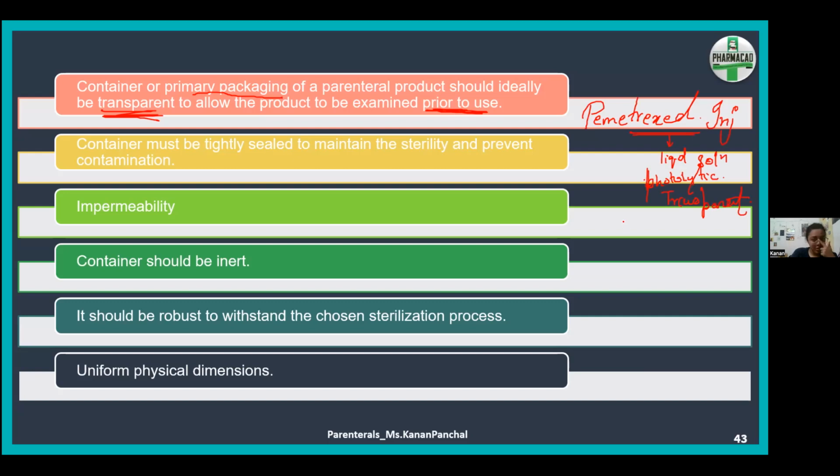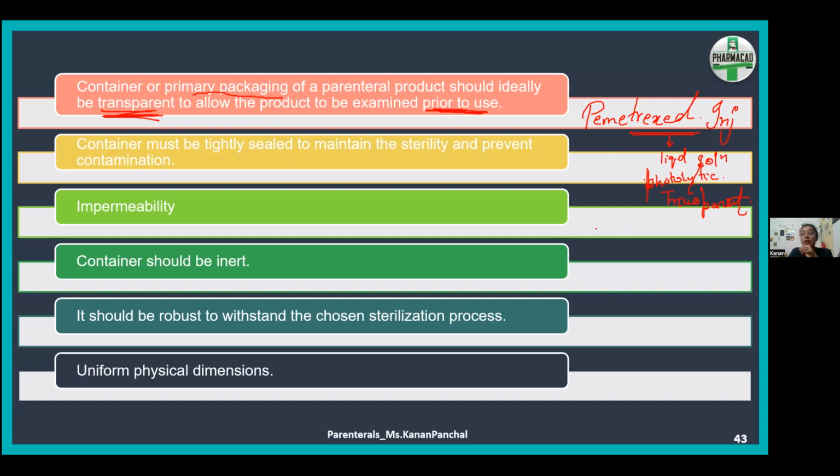Isn't that strange? It undergoes photolysis, but it comes in a transparent vial. So this is one interesting case study. I got to know about it from my professor lately, so I feel like sharing it with you all. Why is it coming in transparent?